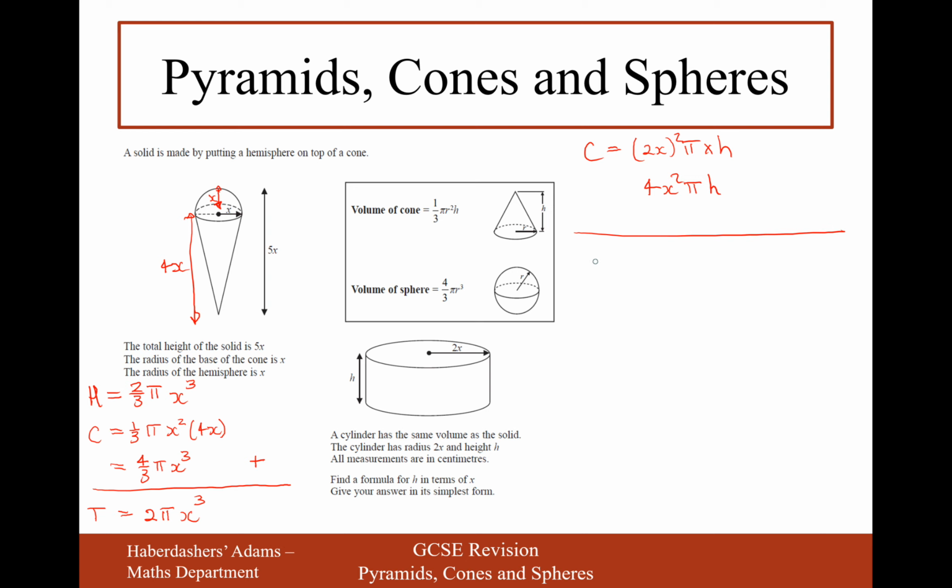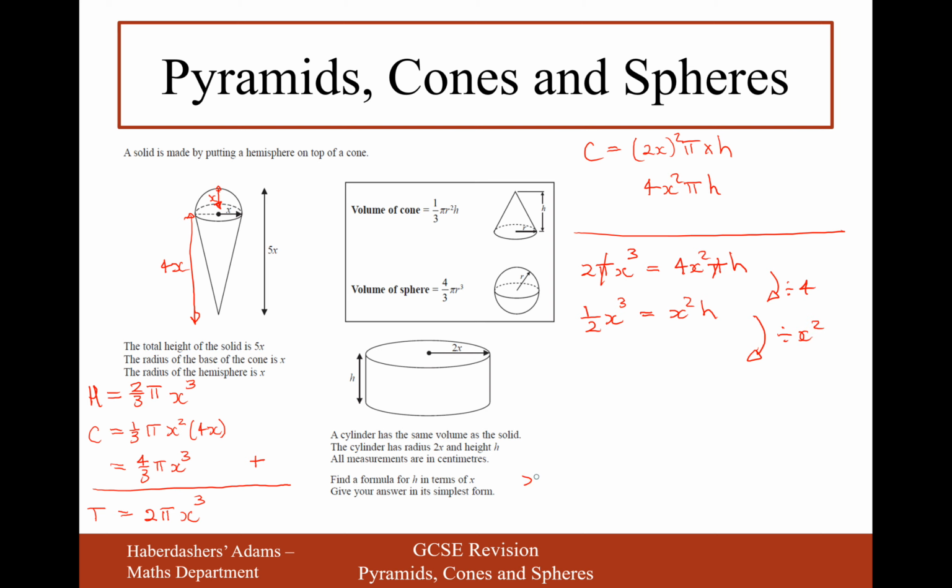Now that we know the two are equal, so it's going to be 2 pi x cubed equals 4x squared pi h. Let's cancel out a pi on both sides, and let's divide by 4 on both sides. So that'll leave us with a half x cubed equals x squared h, and then we'll divide by x squared.